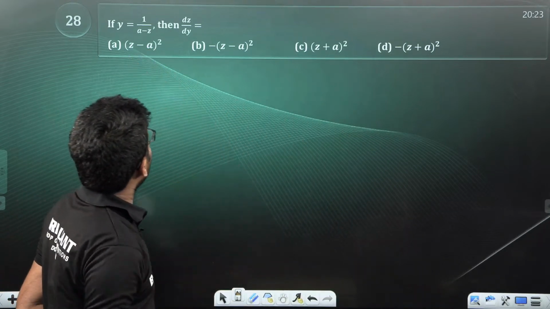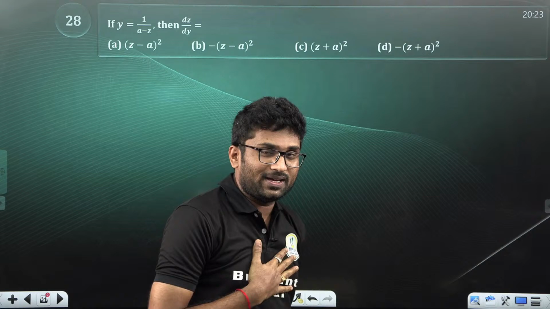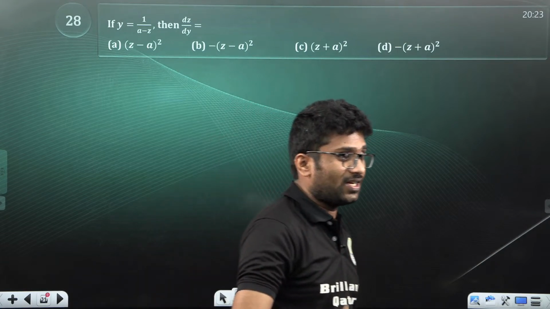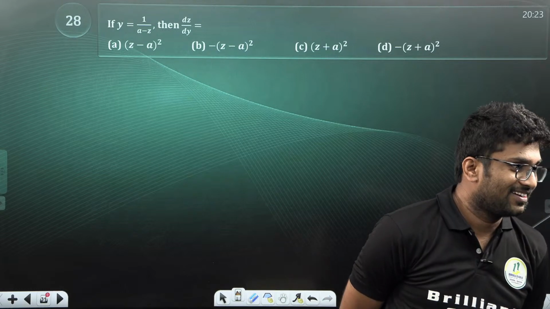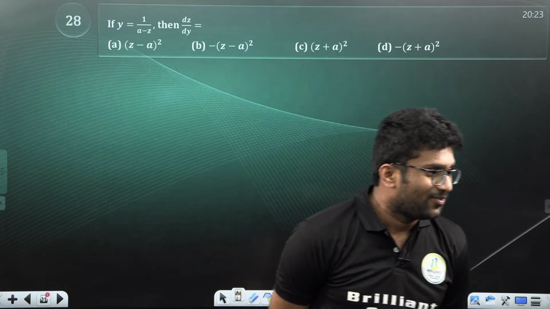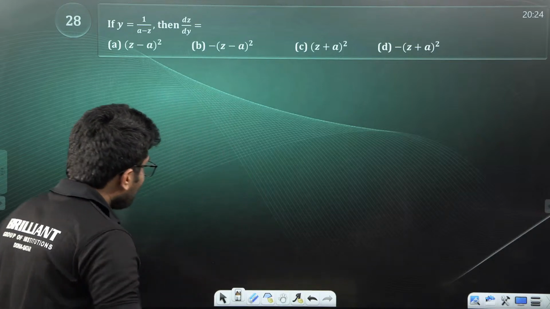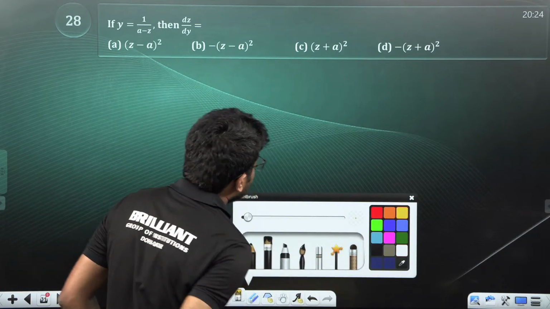Y is equals to a minus z. Then they are asking dz by dy. If you are going to differentiate it directly, you will never get the answer. Now see, friends, do understand this.